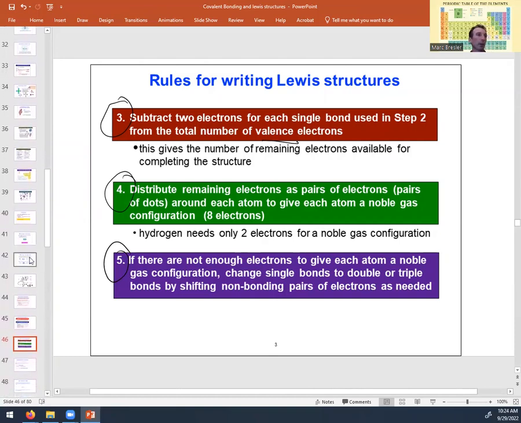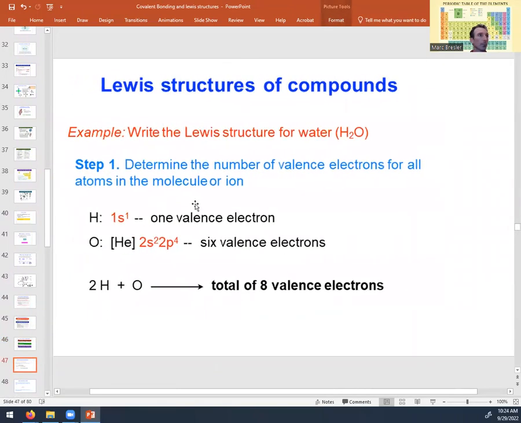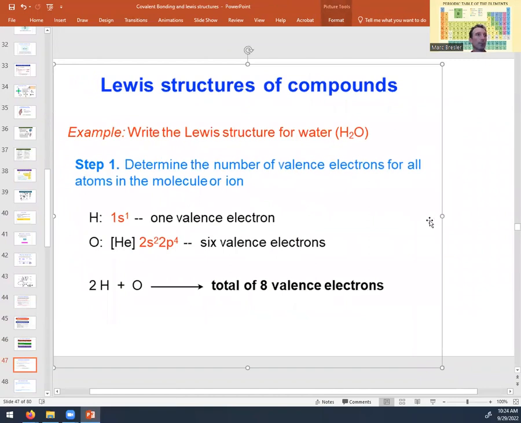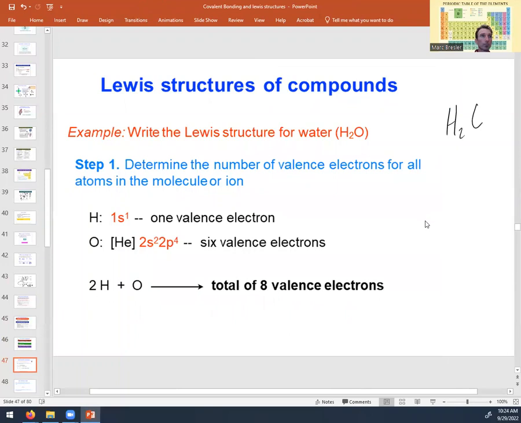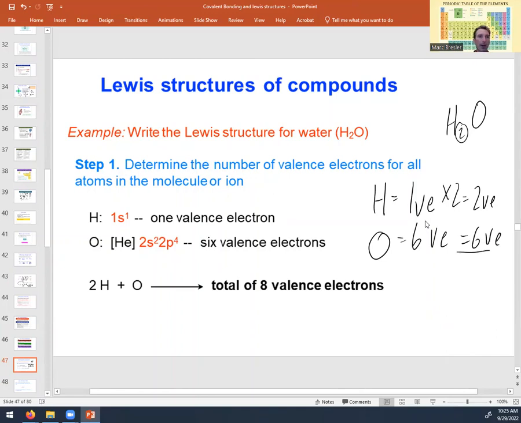Let's do some examples of this. Here you have H2O. Step 1, determine the valence electrons. Hydrogen has 1 valence electron. Oxygen has 6 valence electrons. There are 2 hydrogens here, so you multiply that times 2. So you have 2 valence electrons for hydrogen, 6 for oxygen.